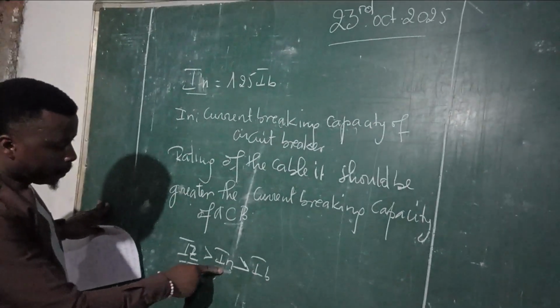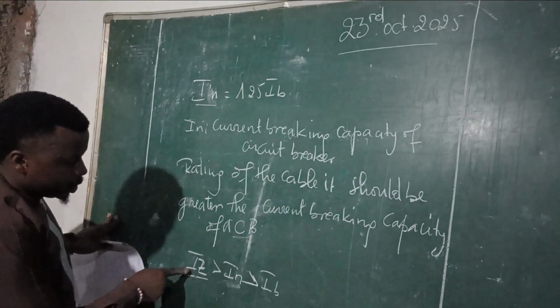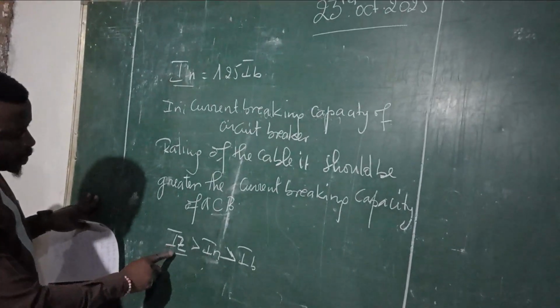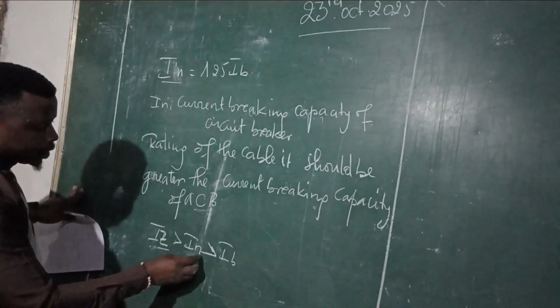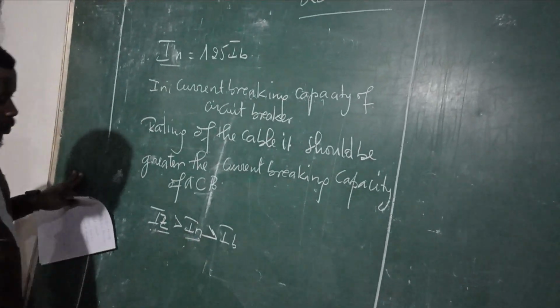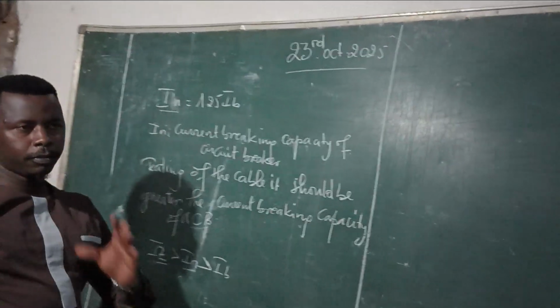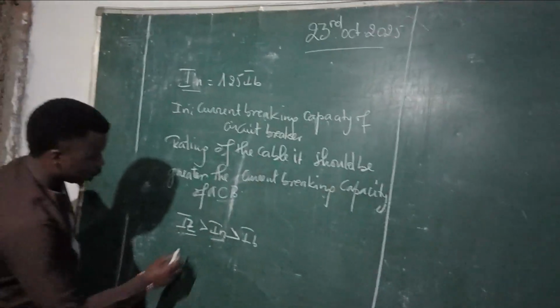But if the current goes to the cable, it can break. So that's why the rating of this cable must be greater than the rating of IN. So this is what I was supposed to tell you today.